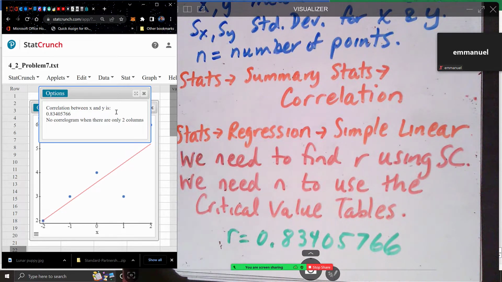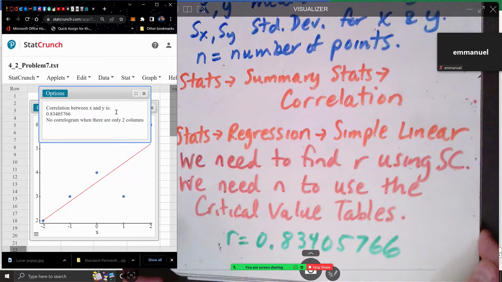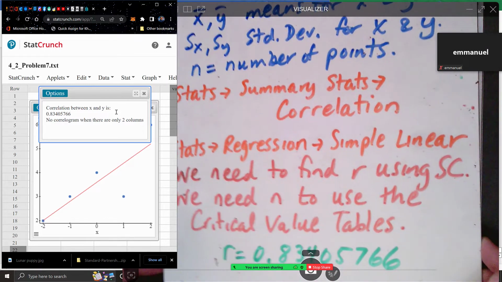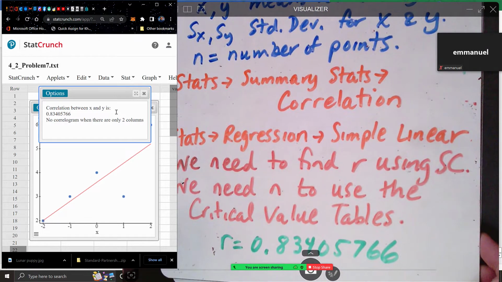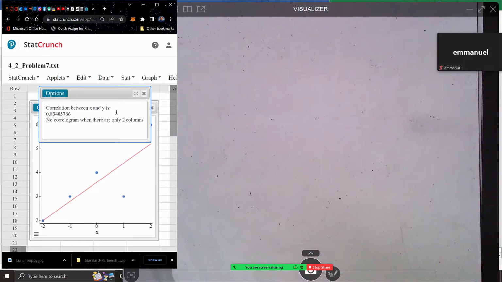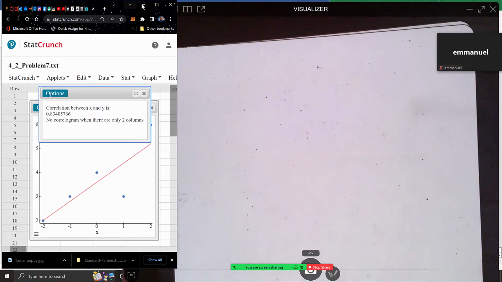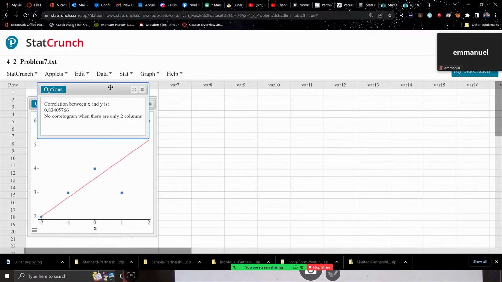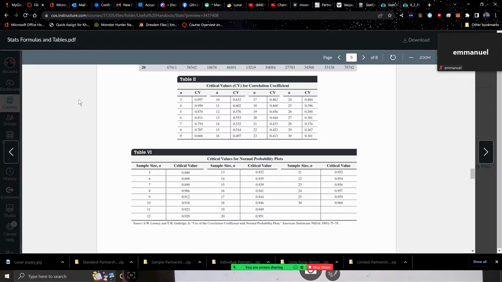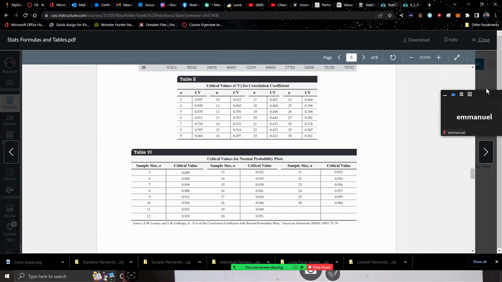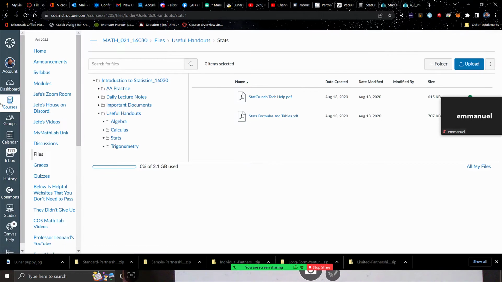Okay, you guys ready for more? Okay, so critical value tables. Where can I find the critical value tables? In your course, you can click on Files.